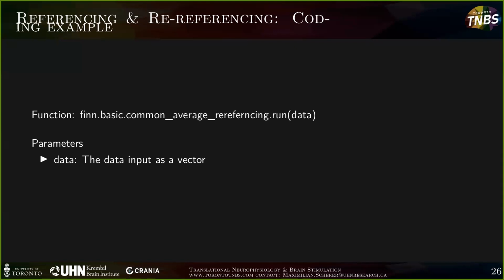That would be a prime application case where you would want to apply common average re-referencing. Another would be if you had a strong artifact in your reference, and it's only in the reference. By applying common average re-referencing, you're removing the effect of the reference onto the signals, thereby removing the artifact.